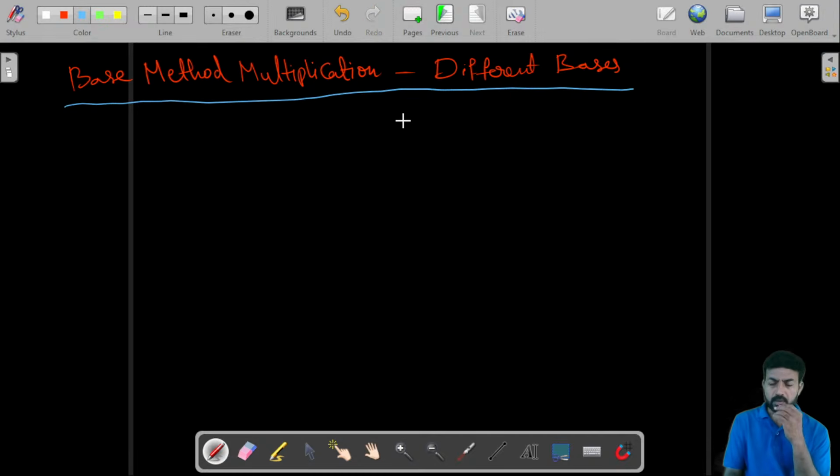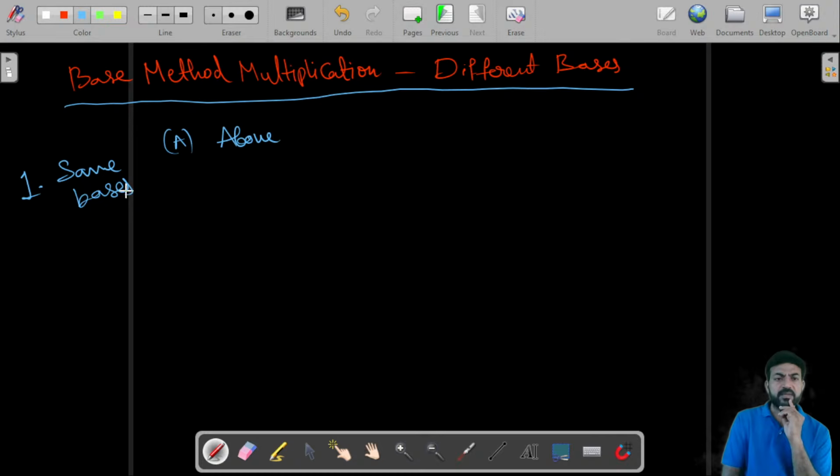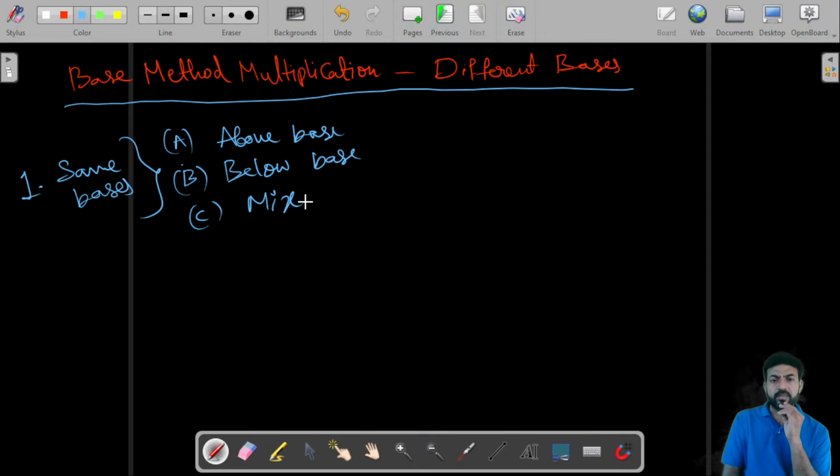So, till now we have discussed base method multiplication with same bases: above base, below base, and mixed.